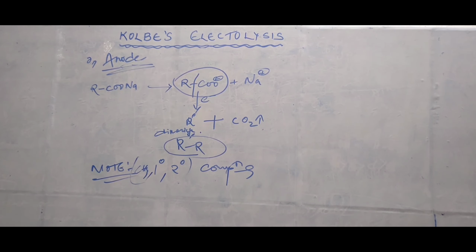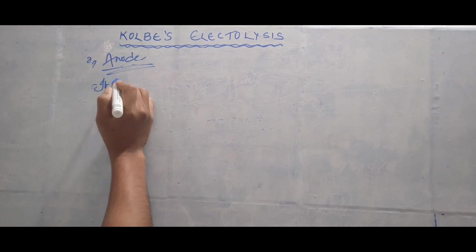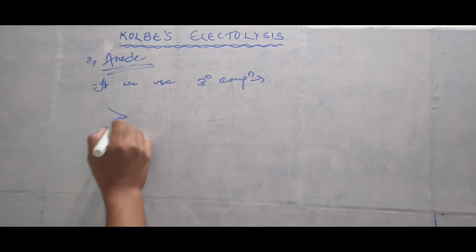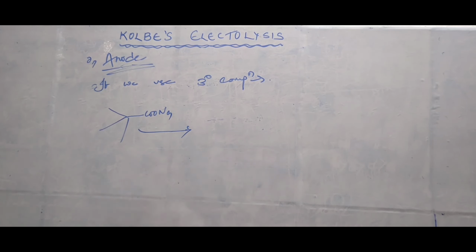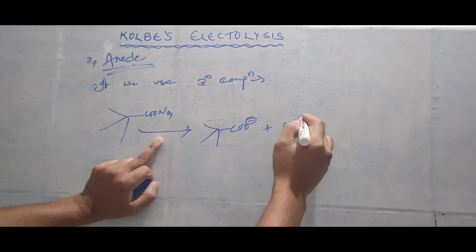The R radical dimerizes to RR, and COO-, after liberating the extra electron, gets converted into carbon dioxide, which is liberated at the anode side and will be used in further reactions.